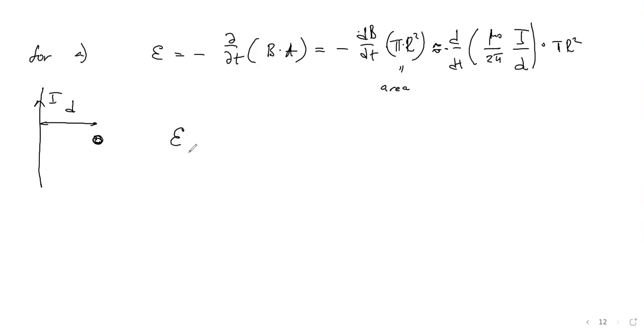So then the induced EMF would be equal to negative mu naught over 2 pi d, times the rate at which you change current, and the area. This is for a small loop.